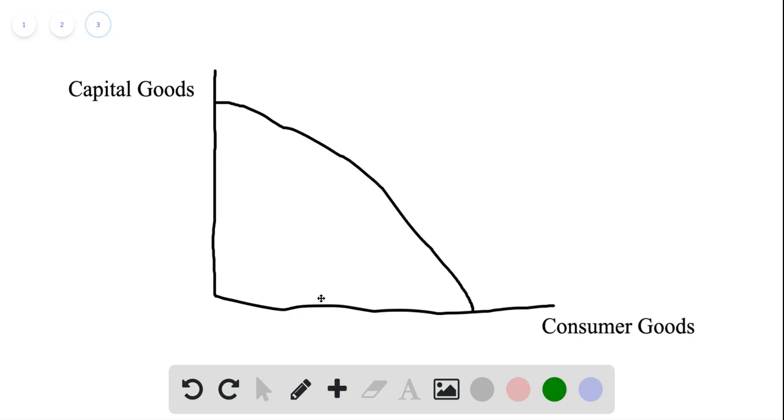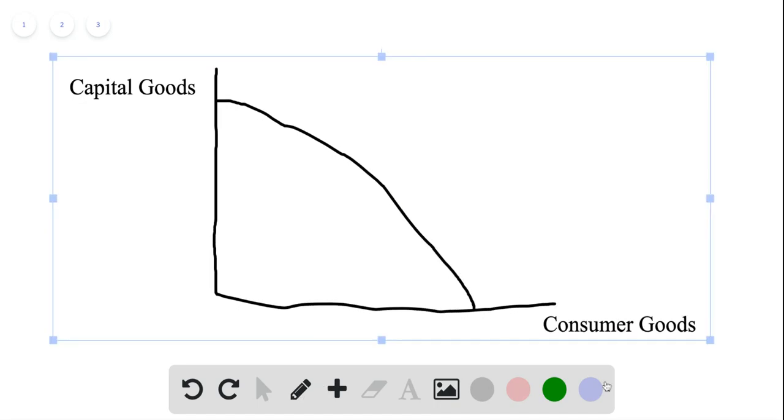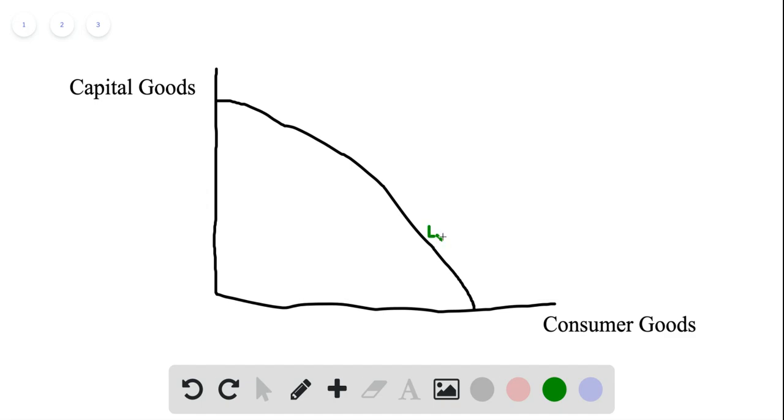Lastly, let's say that we have two different countries, and just for ease of notation, let's say we have countries LX and LG. Okay.